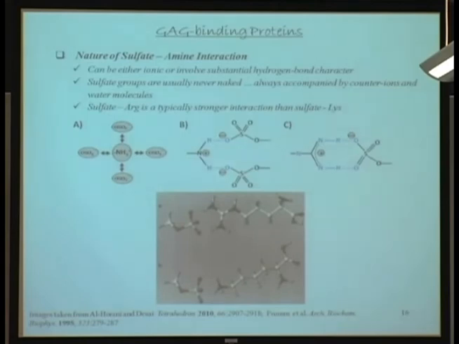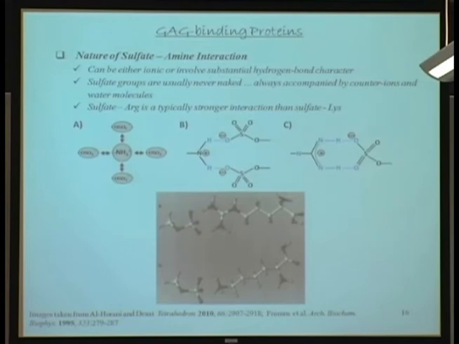The interaction is, for the most part, believed to be strongly electrostatic. But a number of cases have been observed where the interaction between a positive charge, such as a lysine, and a sulfate of a GAG can actually be hydrogen bonding. And whenever there is hydrogen bonding, there are chances of engineering specificity.